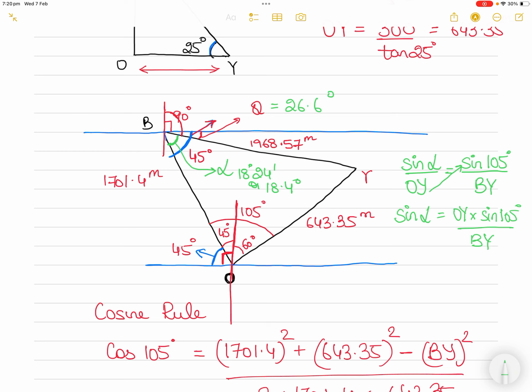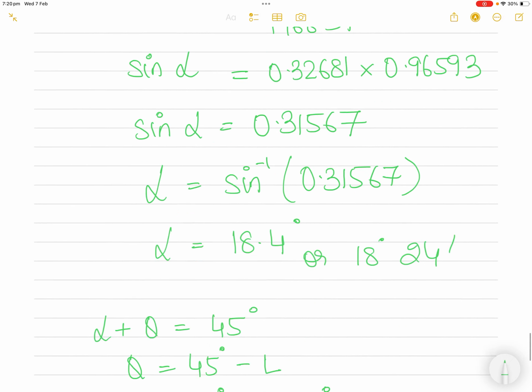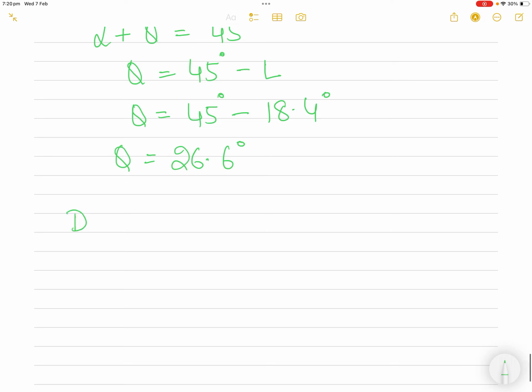So the direction of travel is the total angle, this angle here, 90 plus 26.6. So the direction of travel will be 90 degrees plus 26.6 degrees, which is nothing but 116.6 degrees.